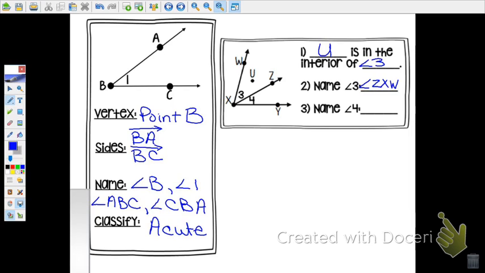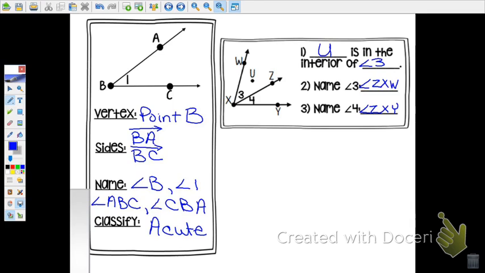Angle 4, how can I name angle 4? Angle ZXY. Again, we could switch those letters around. The X has to stay in the middle. So sometimes you can get by just using the vertex or the angle number.